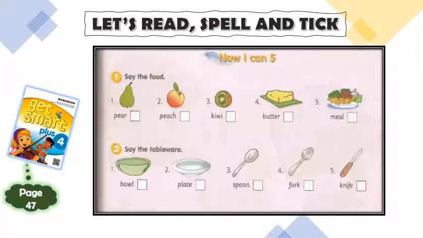It's the last task for you. I want you to refer to your workbook, page 47, and say the food, say the tableware. You say it first. For example, pear. Then you spell here, P-E-A-R.